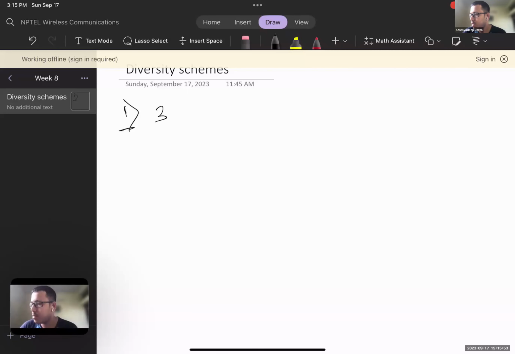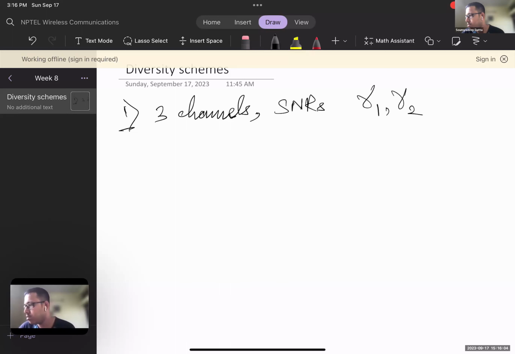Let's say there is a system with three channels, and SNRs are gamma 1, gamma 2, gamma 3. Three different SNRs.